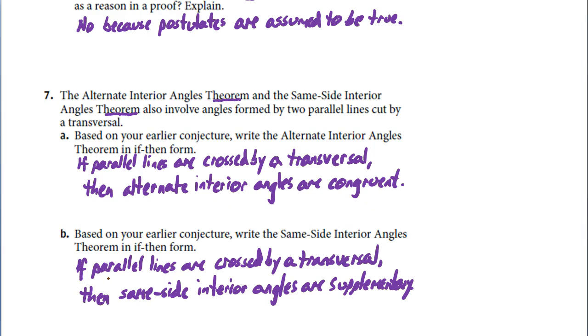And the next one, if parallel lines are crossed by a transversal, then same side interior angles are supplementary. So notice that it's the corresponding angles that are congruent, the alternate interior angles that are congruent, but the same side interior angles are supplementary.